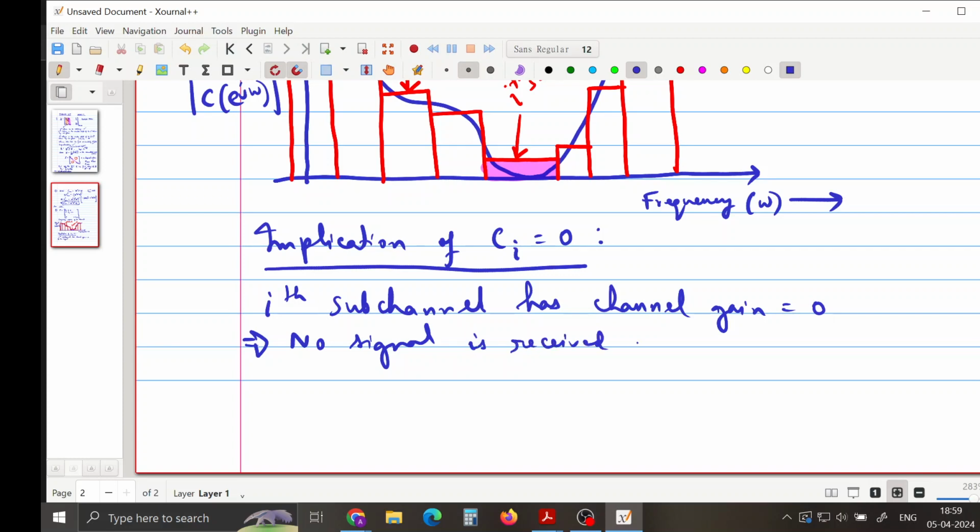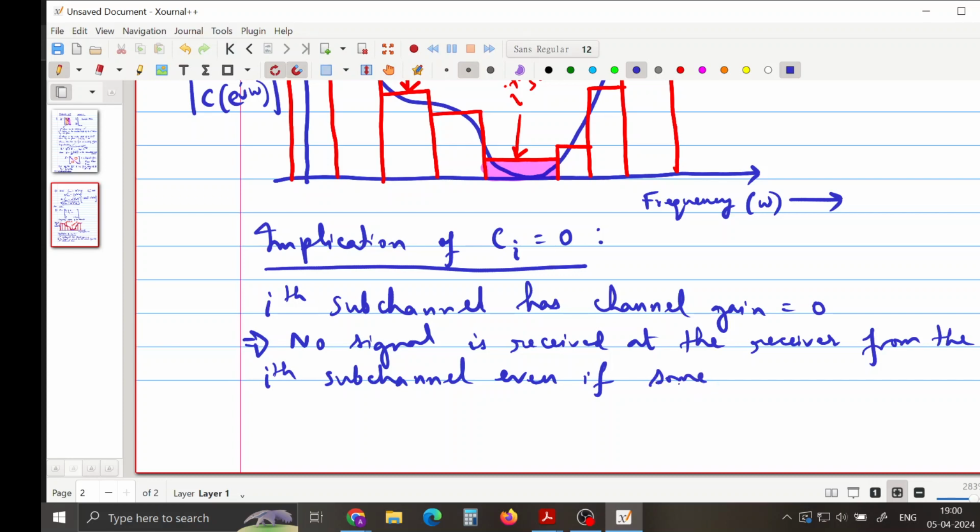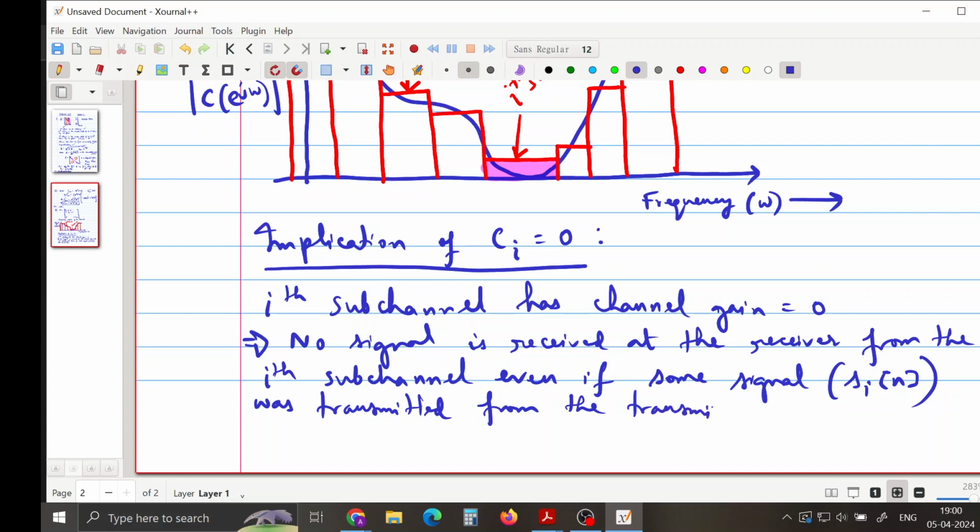No signal is actually received at the receiver from that particular subchannel, the ith subchannel, even if some signal, let's say psi of n, was transmitted from the transmitter.